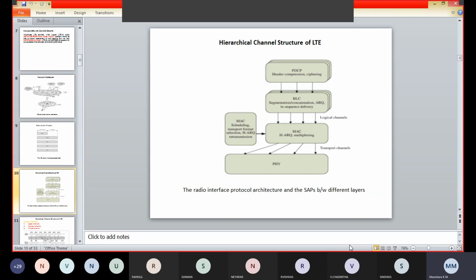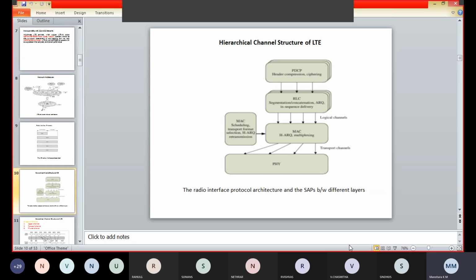So here the data on each transport channel is organized into transport blocks, and the transmission time of each transport block is also called the transmission time interval, that is TTI. So the transmission time interval is 1 millisecond in LTE. So here TTI is also the minimum interval for link adaptation and scheduling decisions.